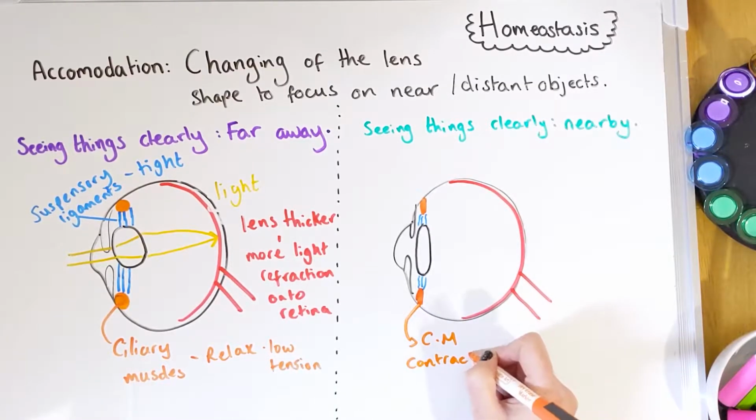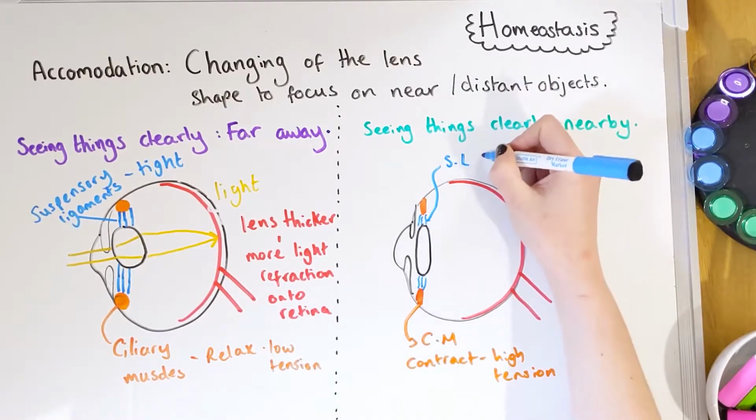So the ciliary muscles this time, rather than being relaxed, contract. The suspensory ligaments actually get looser. This leads to the lens being pulled thinner.